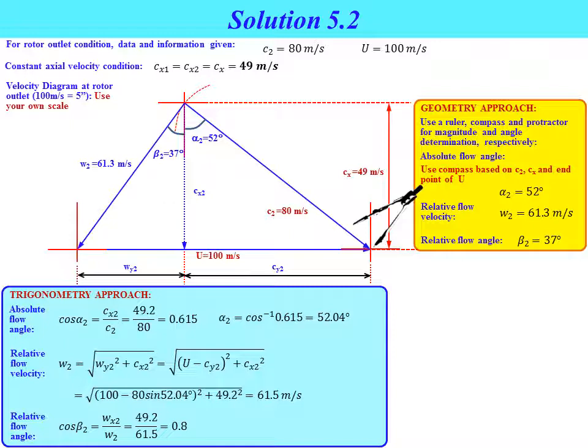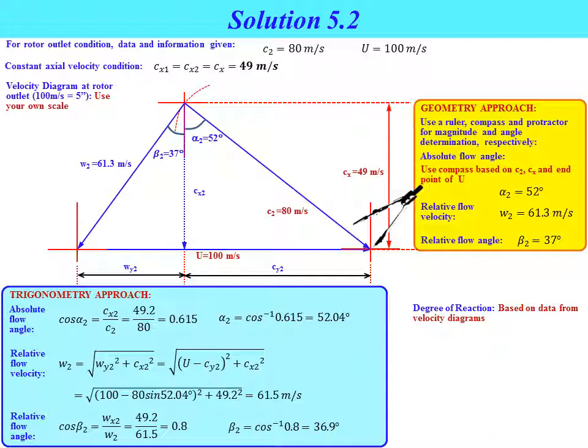Similarly with the relative component, where Wx1 also equal to Wx2 equal to Wx3 equal to the Cx value, which is 49.2, based on the value obtained from the trigonometry approach in the previous slide. So we will get cos beta 2 equal to 0.8. Calculate beta 2, so beta 2 is equal to 36.9 degree. If you compare the values that we obtain from both approaches, the values are almost similar.